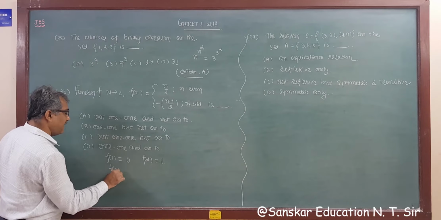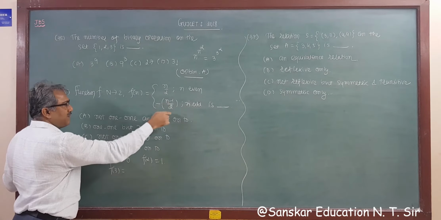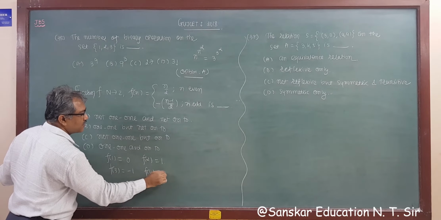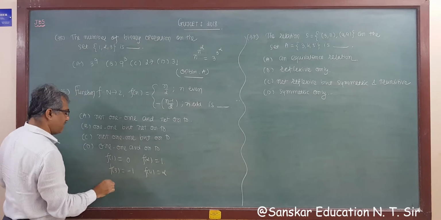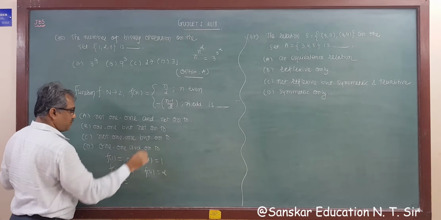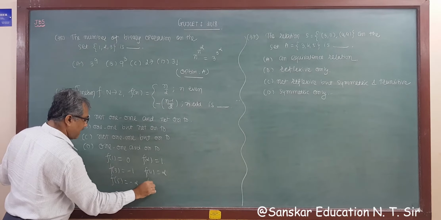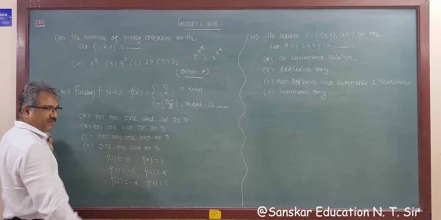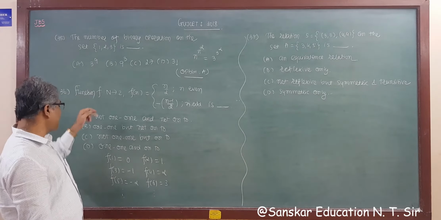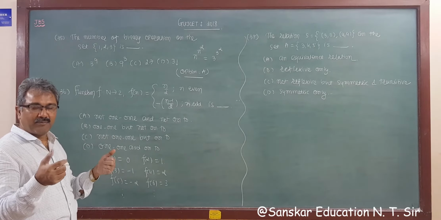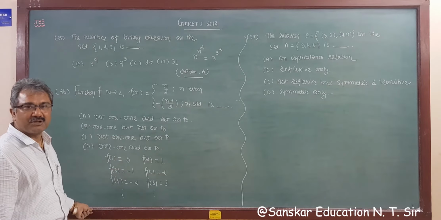Similarly f(3) is minus (3 minus 1) by 2, that is minus 1. f(4) is 4 by 2, that is 2. f(5) is minus (5 minus 1) by 2, so this is minus 2. And f(6) is equal to 3. Continuing in this way, for each and every number the image is different. Never do we get two numbers with the same image.